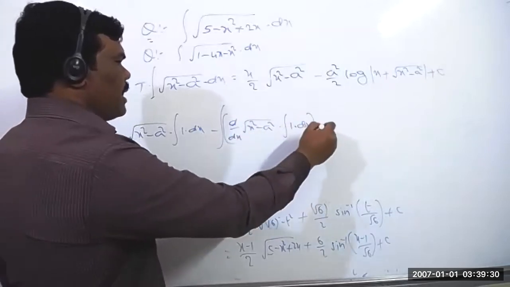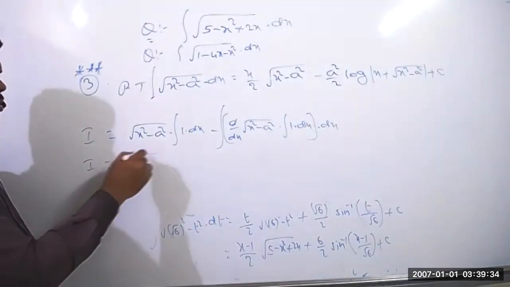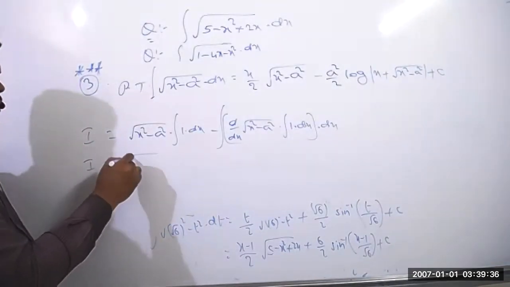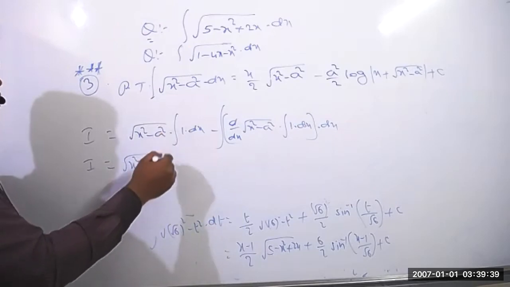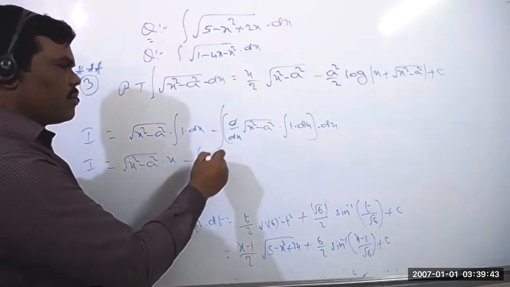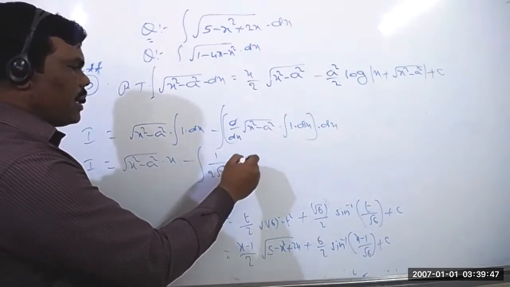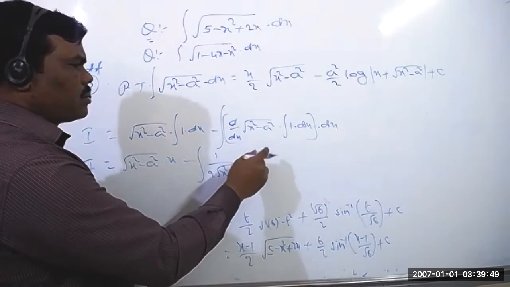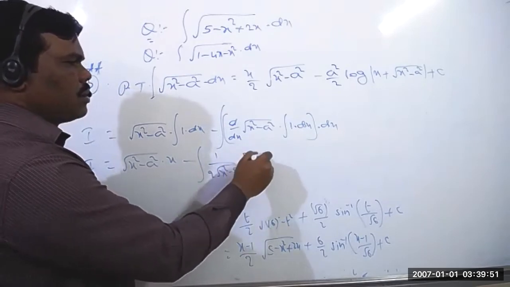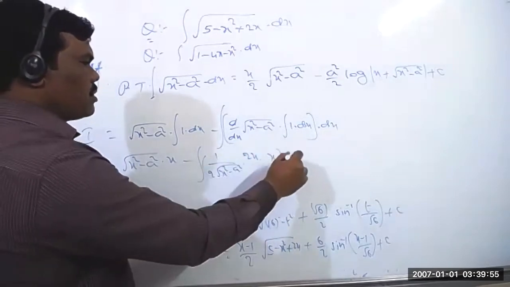So I equals root of x square minus a square into x, minus, differentiating, 1 by 2 into root of x square minus a square into 2x into x into dx.